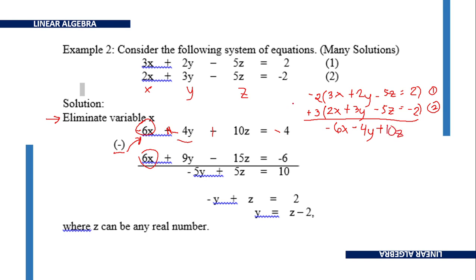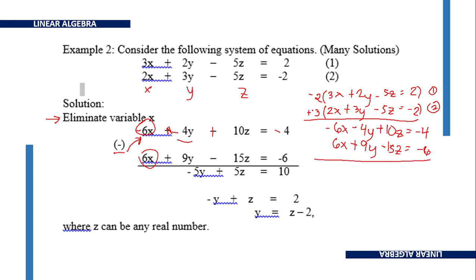Then negative 2 times 2 is negative 4. For the second equation, positive 3 times 2x, so we have 6x. Positive 3 times 3y is positive 9y. Positive 3 times negative 5z is negative 15z. Then positive 3 times negative 2 is negative 6.